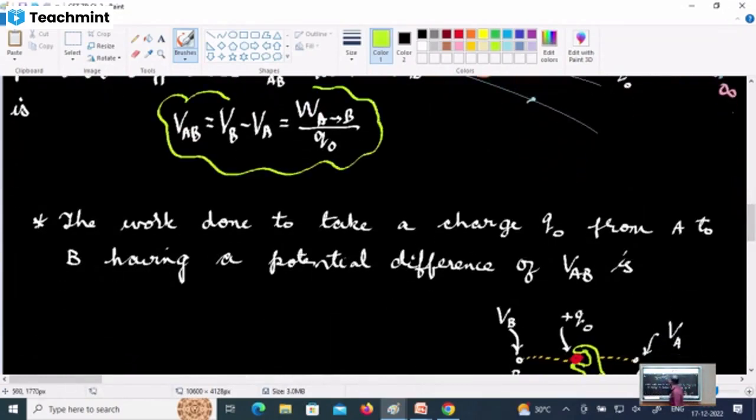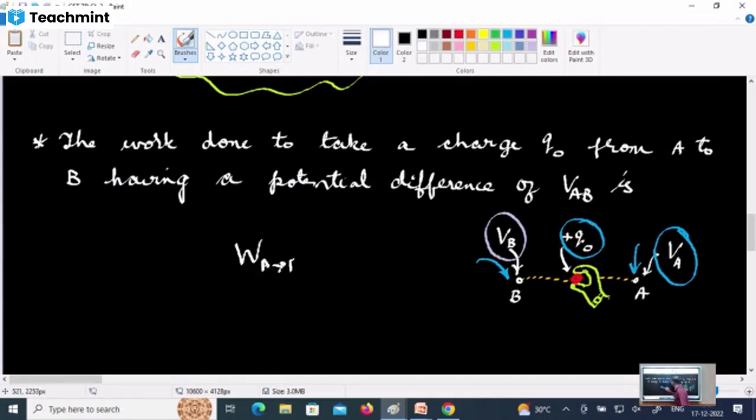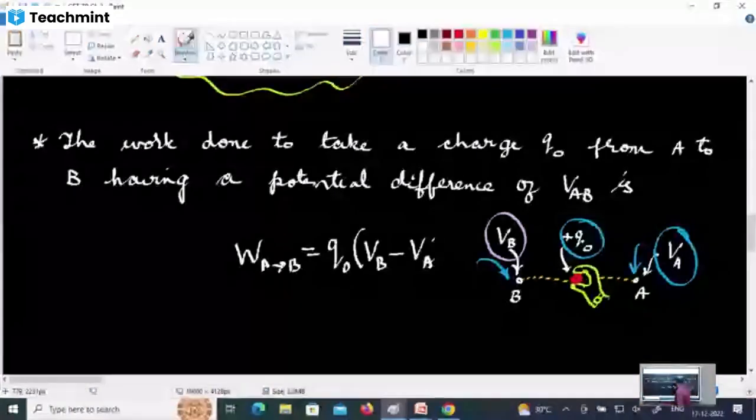From this relationship, we can also rewrite as follows. Suppose you take a charge Q0 from point A here to point B over there, where at point A you have the potential VA and at point B you have a potential VB. Then the work done to bring the charge from A to B can be written as charge so taken times the potential difference between the 2 points.